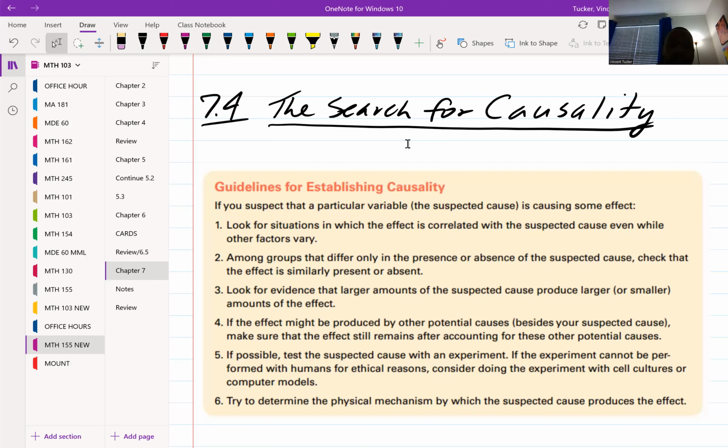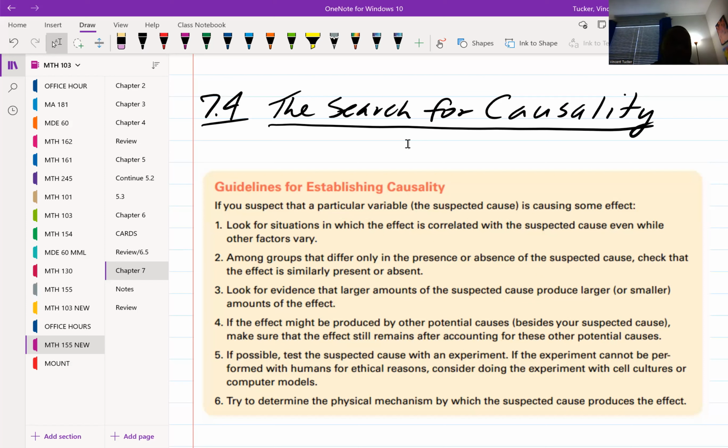Number three, look for evidence that larger amounts of the suspected cause produce larger or smaller amounts of the effect. Four, if the effect might be produced by other potential causes, make sure that the effect still remains after accounting for these other potential causes.